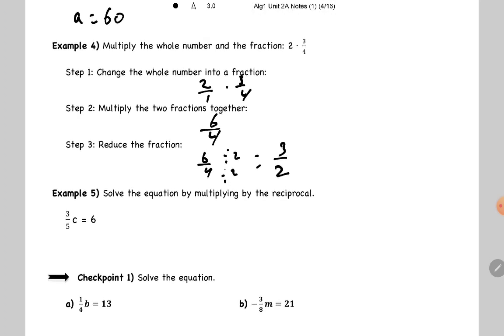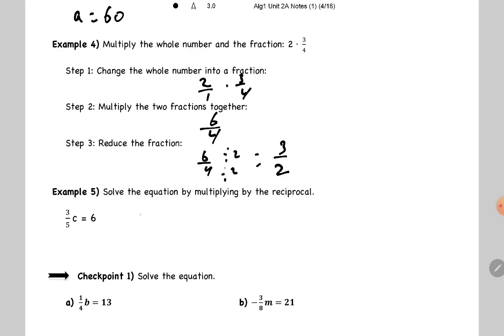Alright, example 5. So what if we're multiplying by a fraction? One way to look at this, you can either do it in 2 steps or you can do it in 1 step. I'm going to show you 2 steps first.